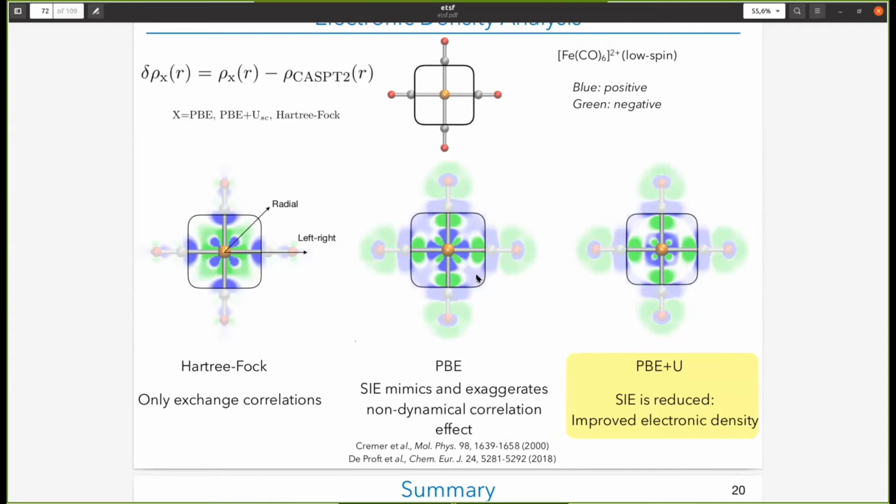Yeah, second question. So to answer the first question, actually the effect of the intersite potential V is that of stabilizing the states that are otherwise destabilized. The Hubbard potential actually is repulsive for states that are characterized by strong fractional occupancies.